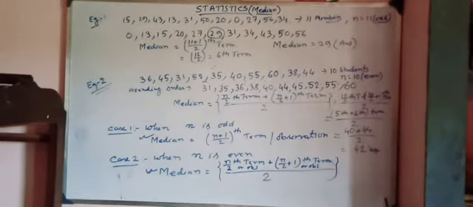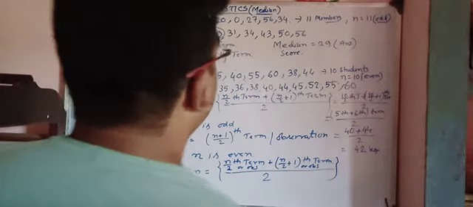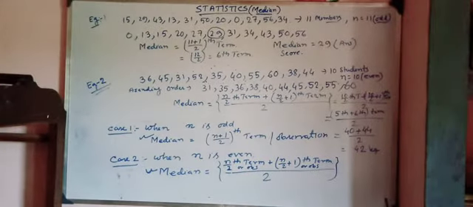And here the median was 29. Understood? Hope you understood that. So this 29 is the median score. Hope you understood that.